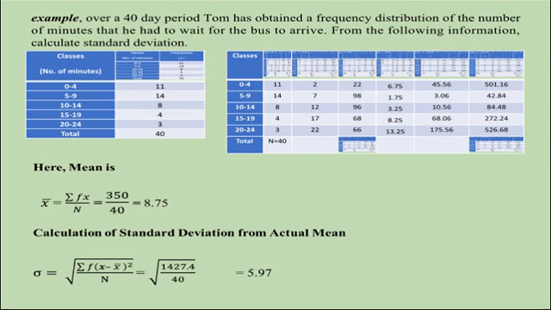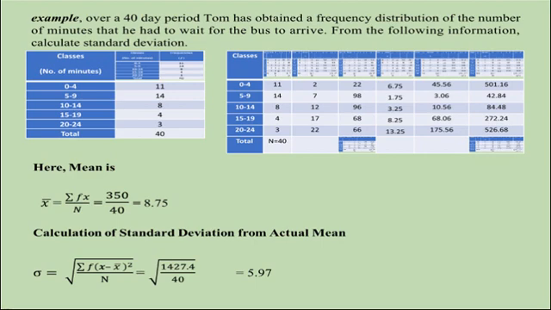To calculate standard deviation from actual mean for group data, we need to determine the values of mean, deviation from mean, which is x minus x bar, then square of x minus x bar, and multiply x minus x bar raised to power 2 with f.